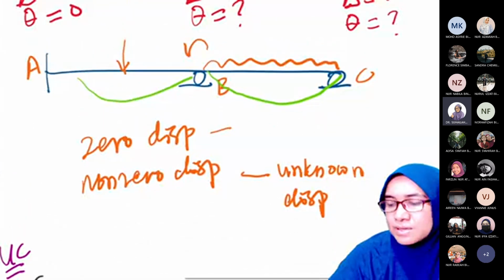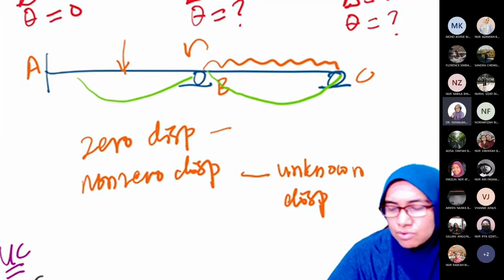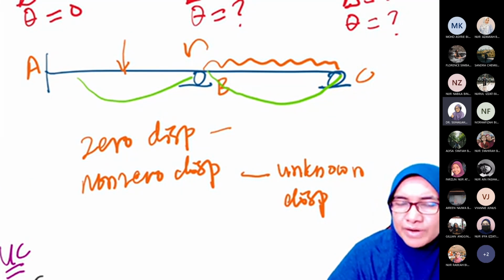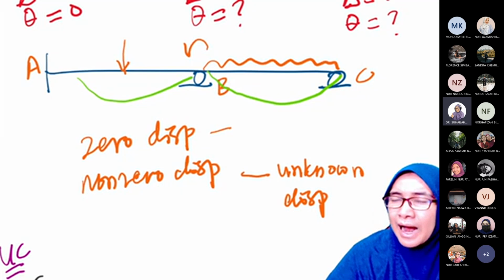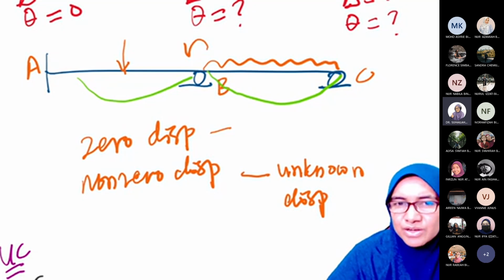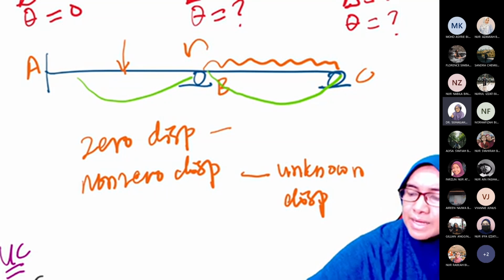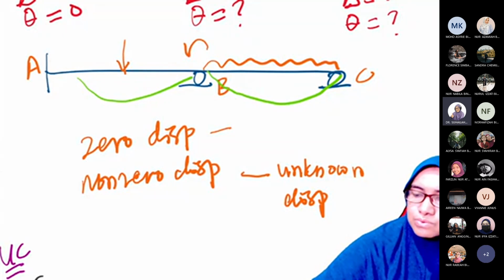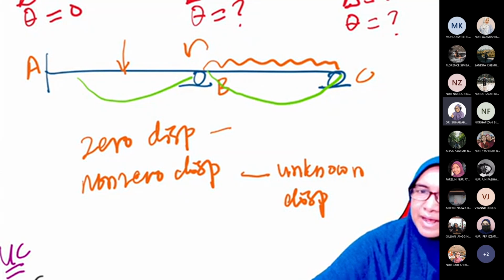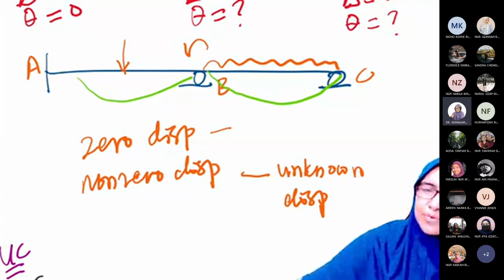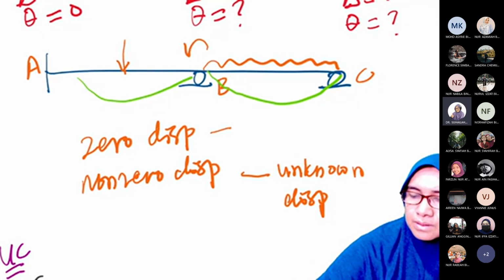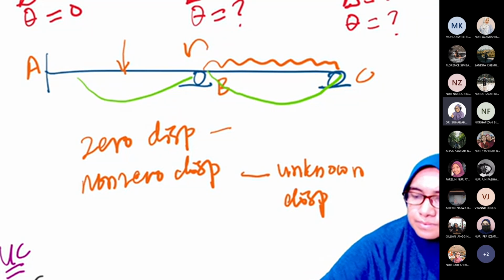Based on ABC tu, degree of freedom, how many? We identify from unknown reaction. How many unknown reaction at A due to support condition?